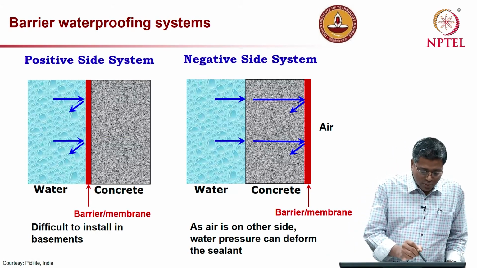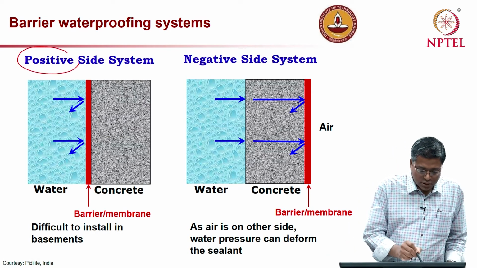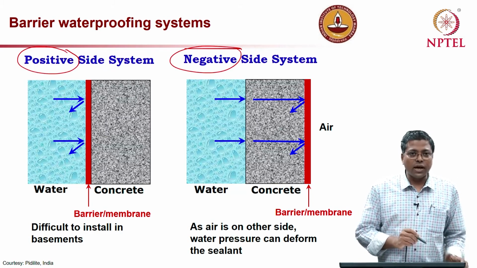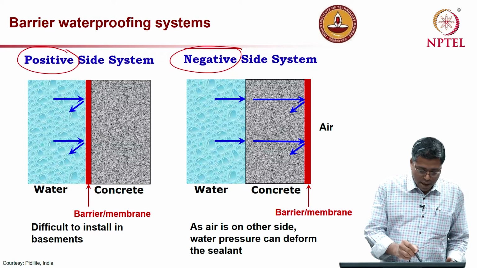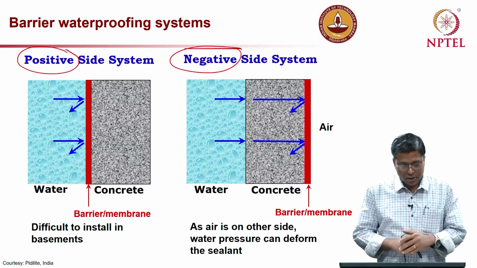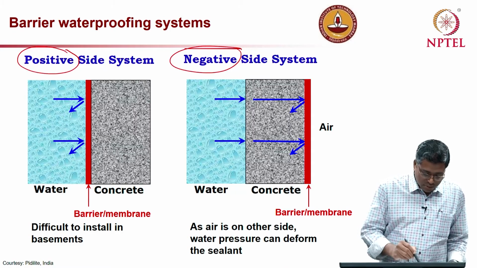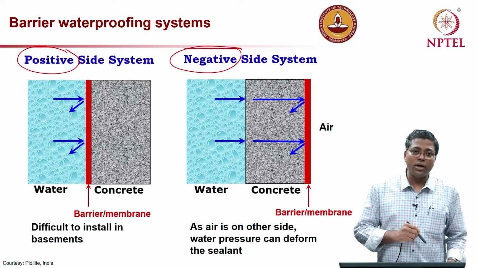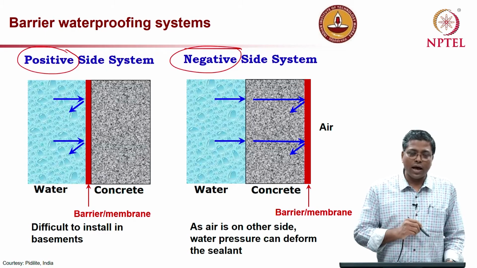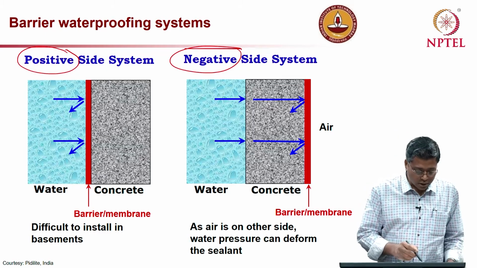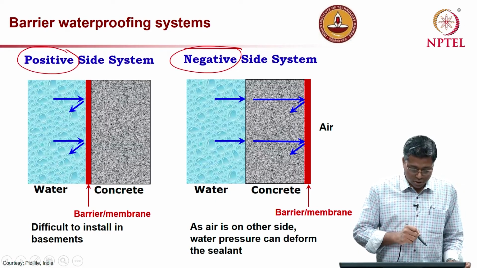There are two types of barrier proofing system: positive side barrier proofing and negative side barrier proofing. Positive side means the barrier, the red colored barrier on the sketch, which is in between the water, or soil containing water, and the concrete on the right side.